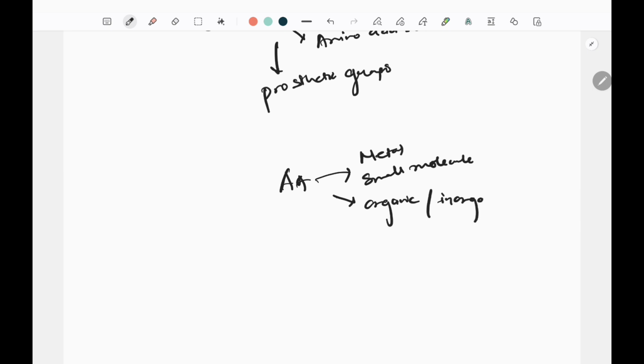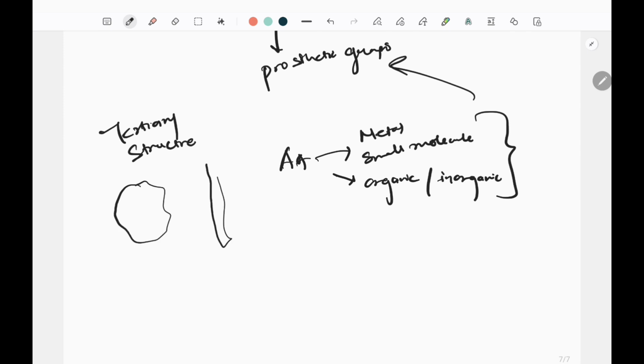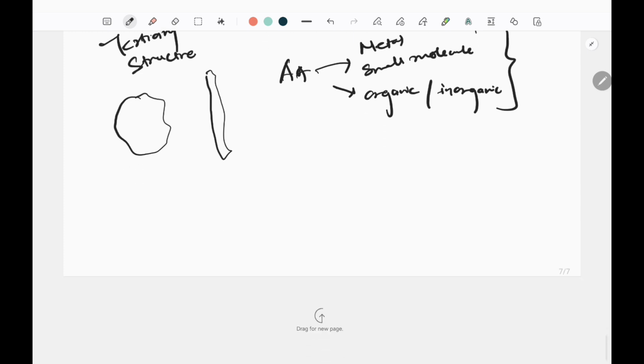Those are usually called the prosthetic groups, right? And all of this creates the tertiary structure. So like we discussed, the tertiary structure can be globular or it can be fibrous.